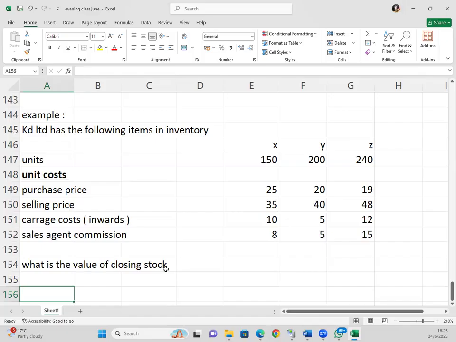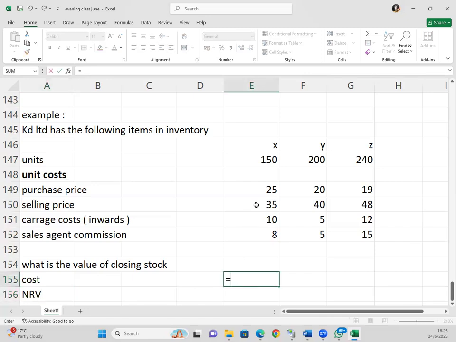So let's first of all come up with the cost and net realizable value figures. The cost, you say, is the purchase price plus any carriage cost. So for the cost, you can say the purchase price plus carriage inwards. For X, we can have the 35. Then for the next one, the purchase price plus any carriage cost, 5.